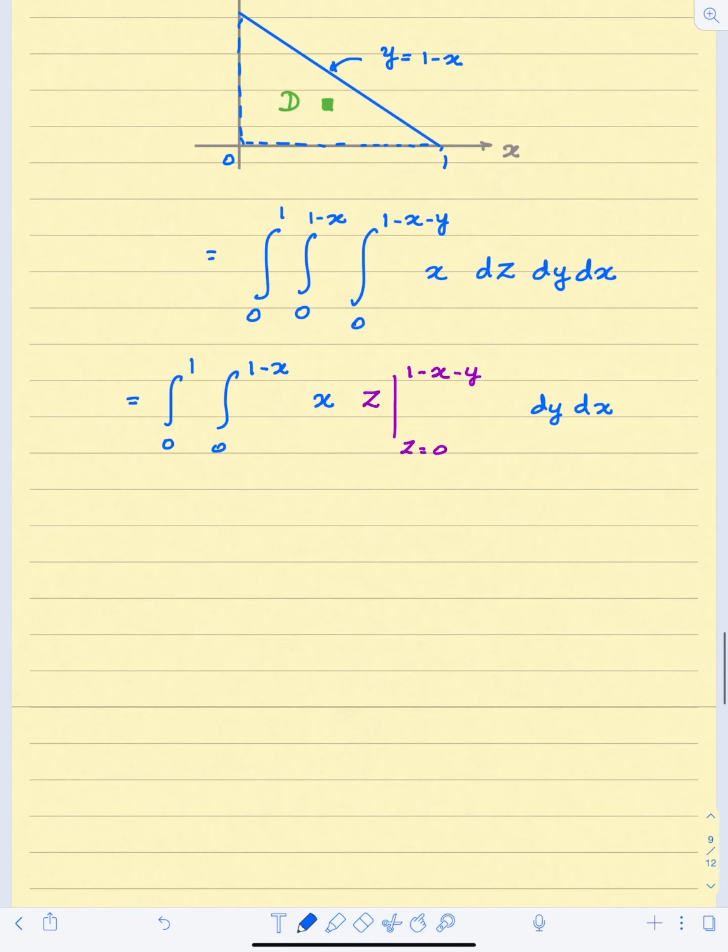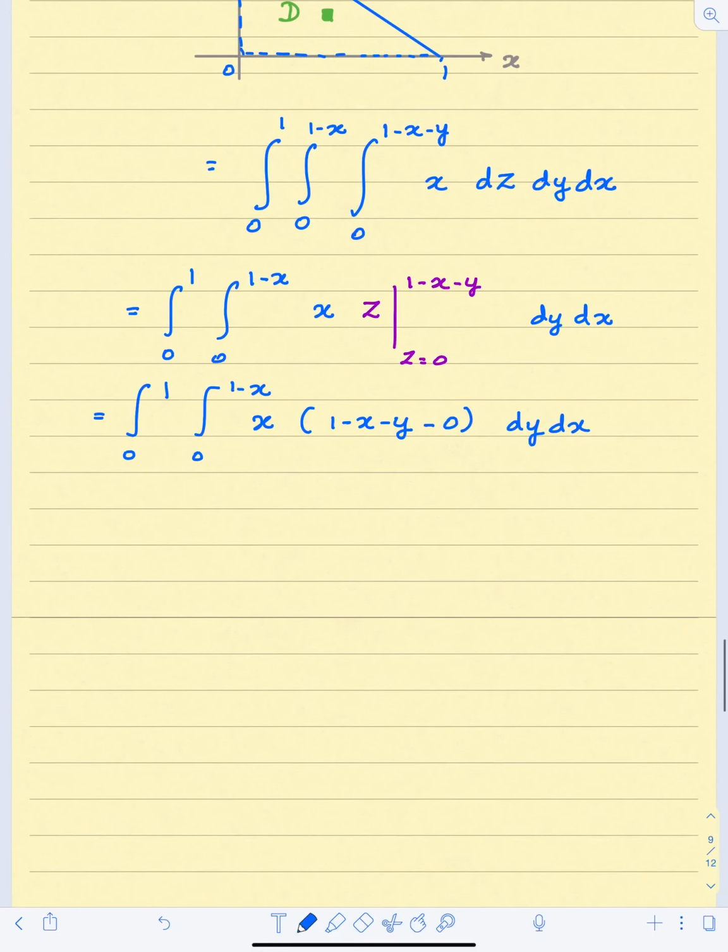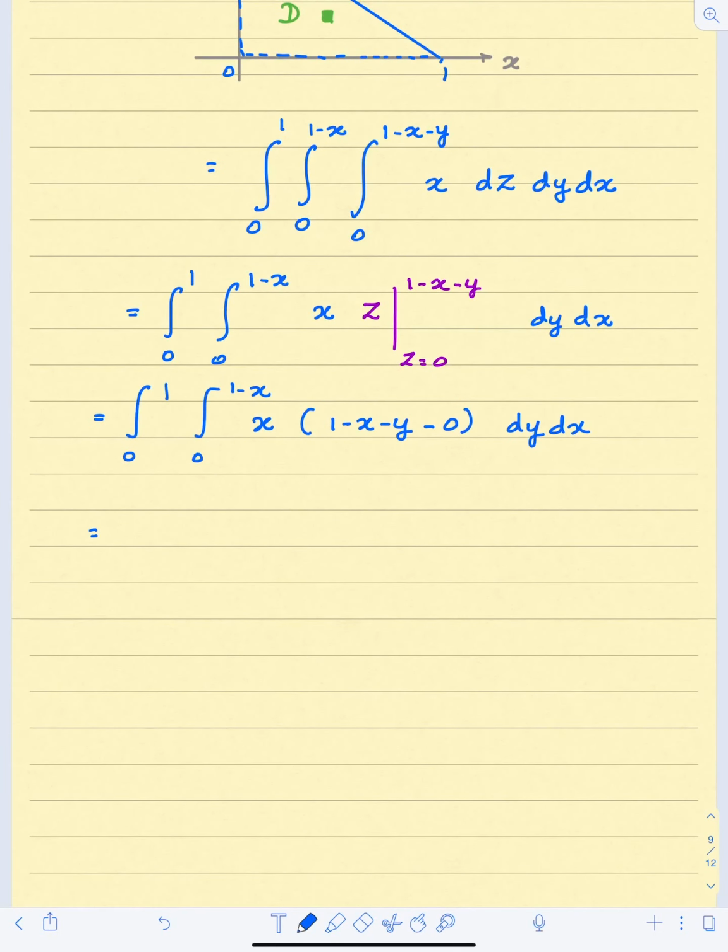Apply the upper limit first, then minus the lower limit. And now we can simplify this integrand. So let's distribute this x. Then you will get x minus x squared minus xy, dy dx.